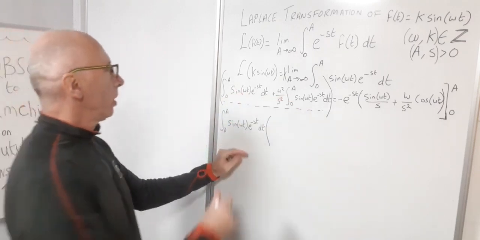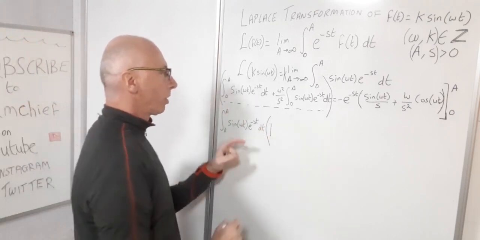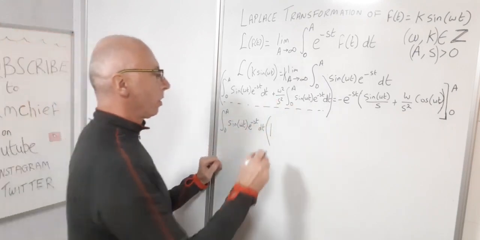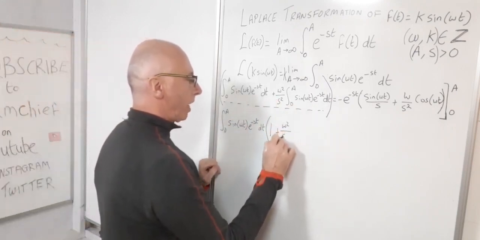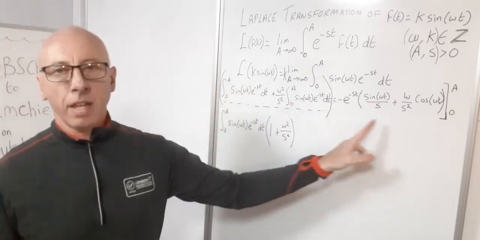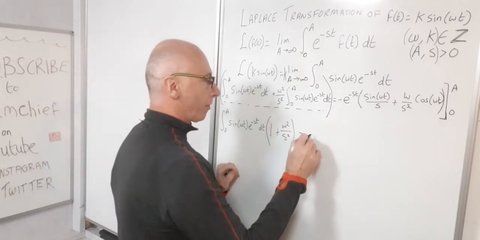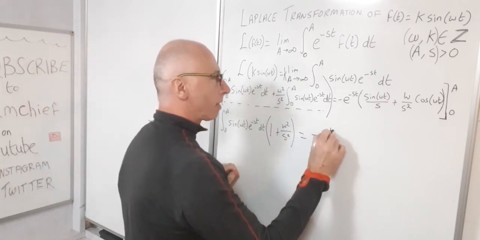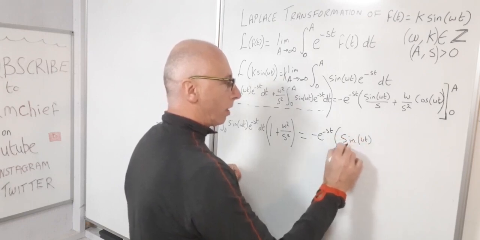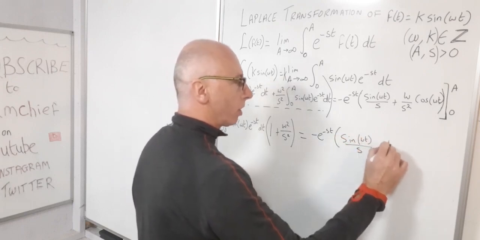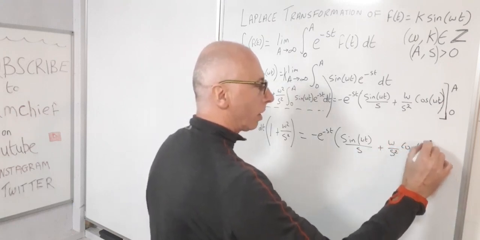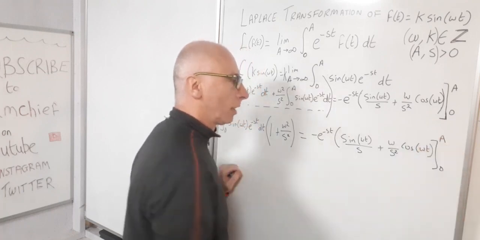Well, if that's our integral, that bit here just becomes 1, because that's all we have there. Here we've got the integral and multiplied by this, so plus w squared over s squared. So that takes care of all of that, and then we can just plug in this bit on this side. So minus e to the minus st sine wt over s plus w over s squared cosine wt from 0 to a.